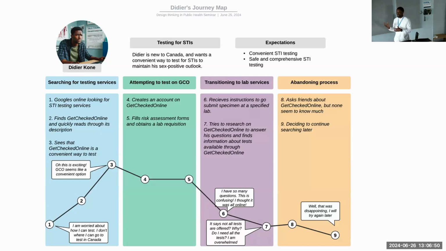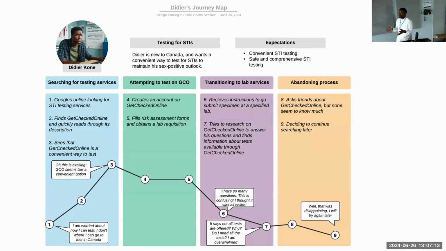There will usually be a secondary persona, someone in a similar context, who you hope will also benefit from whatever you do for the primary persona. There are also many other types of persona. I'm just keeping it really simple here, and I'm sure the designers can give you more description if you have questions.